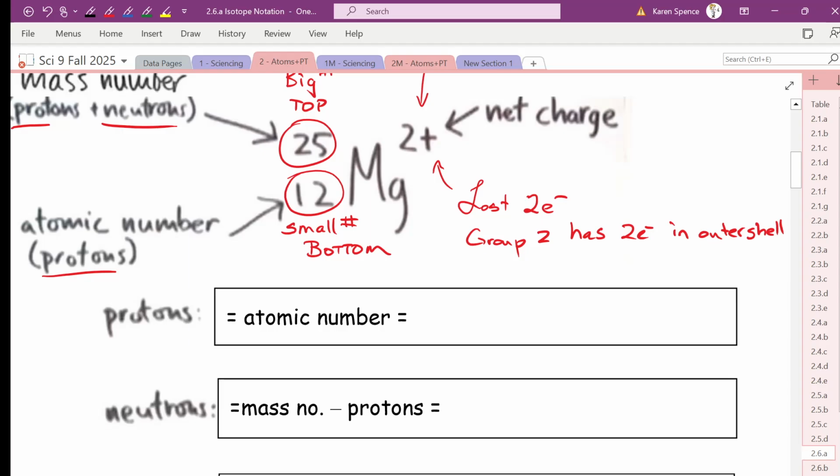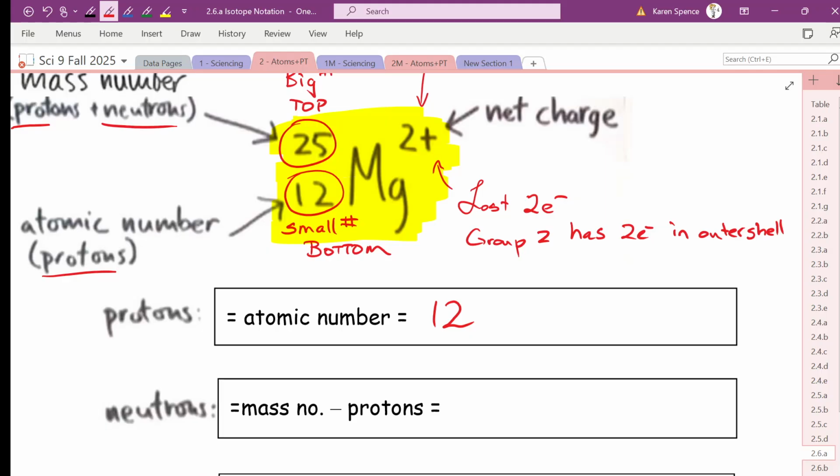Okay, so I could give you a symbol like this that's not labeled, and you would have to say from this symbol how many protons we have. We have 12 protons. How many neutrons do we have?